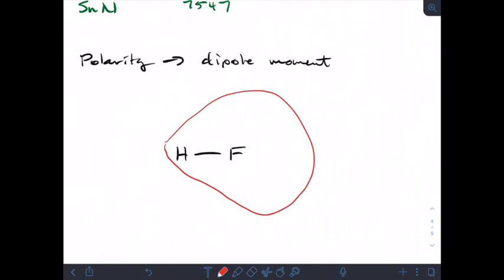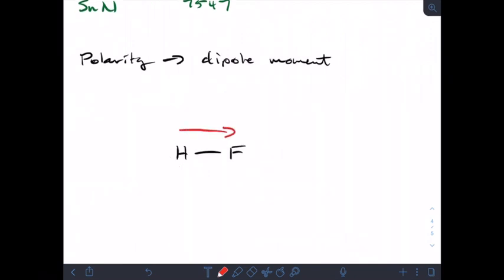Okay, so if this red, ugly thing that I've just drawn is sort of a depiction of where the electrons live most of the time in this molecule, they spend most of their time around the fluorine. Okay, and the most common way for us to indicate that is with an arrow. Okay, and the arrow shows us the direction that the electrons go. We say the direction of negative charge.